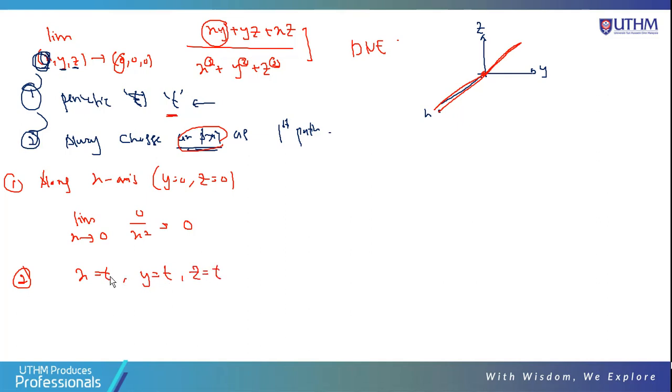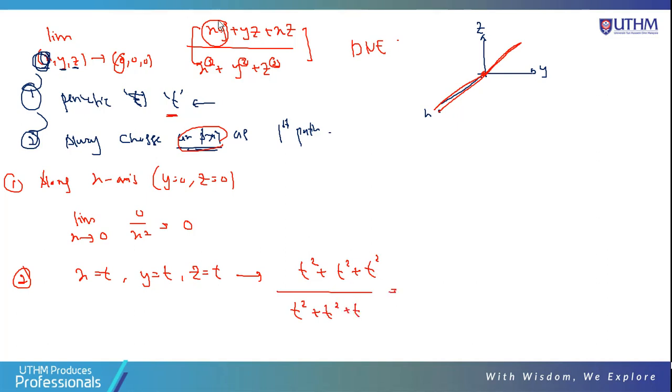So when you choose t here, that means both have the same degree. Numerator and denominator have the same degree. Okay, so this one is t square plus t square plus t square, t square plus t square plus t square.